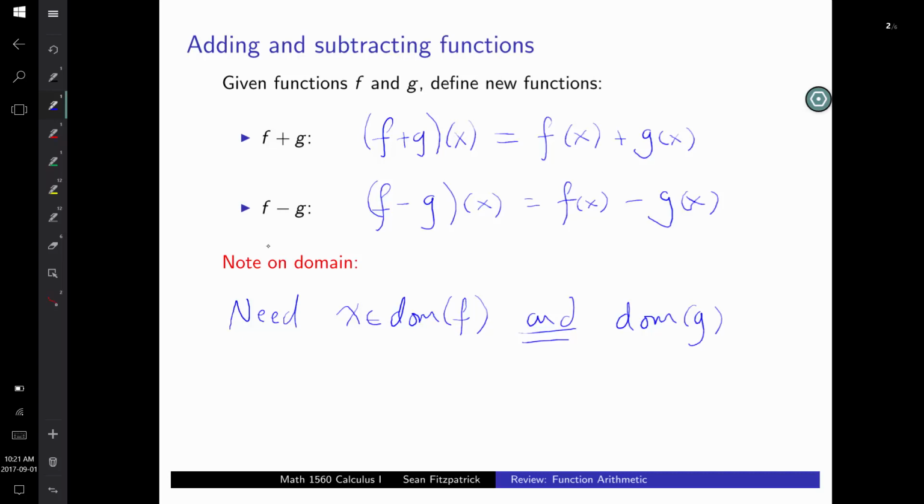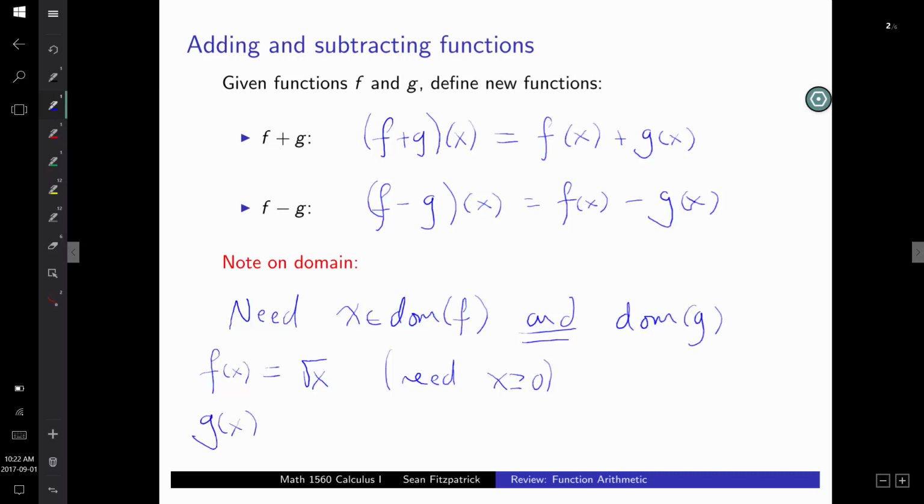So if f of x was, let's say, the square root of x, which is only defined for x bigger than or equal to 0.